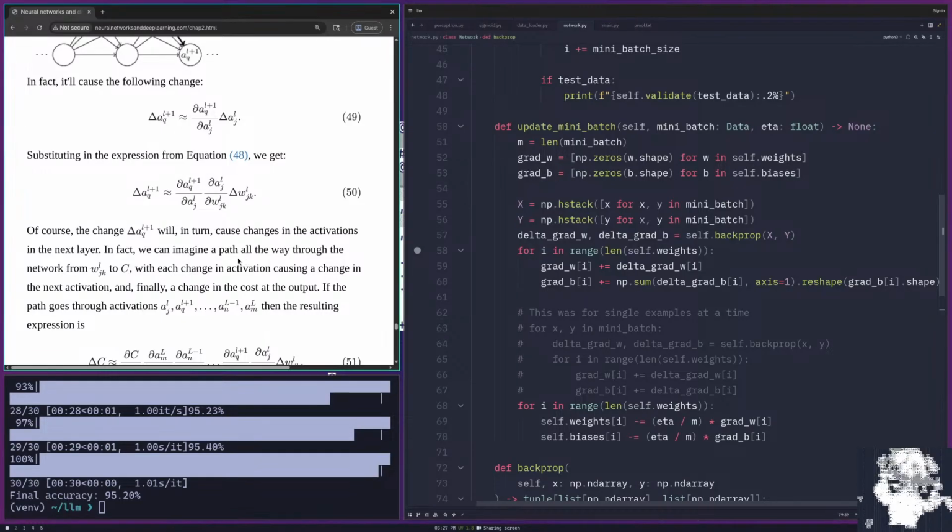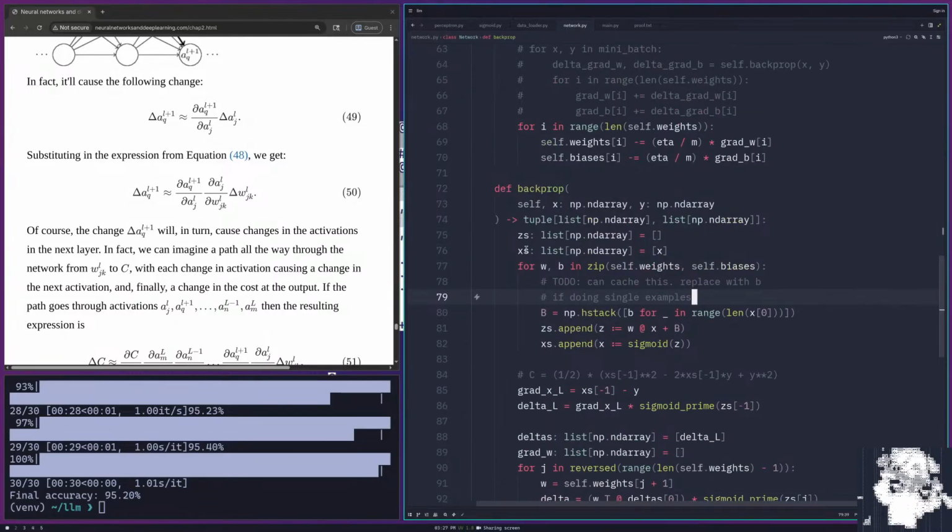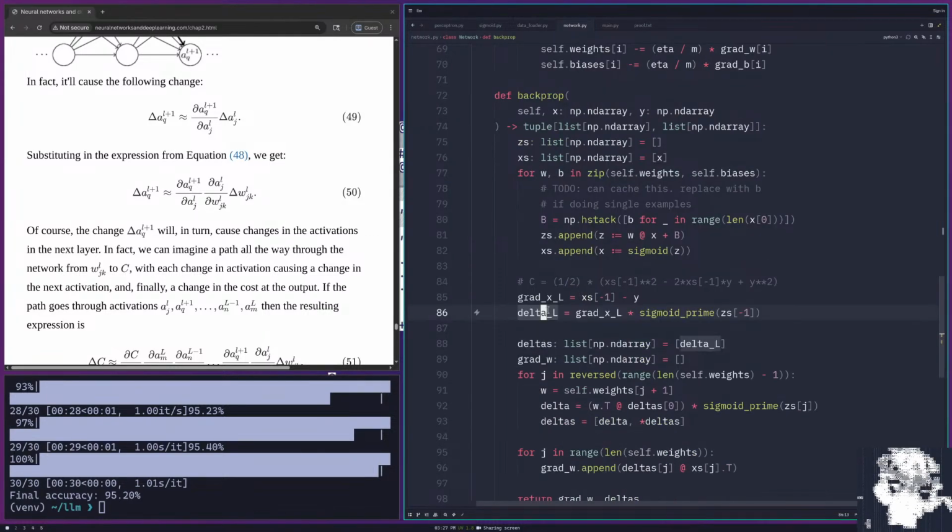That's the other non-obvious thing, I guess, is that keeping track of activations makes sense. Computing delta makes sense, but it's not obvious how I would have thought of this unless I did it the long way and then found that there's this value delta that if I had, I could just do matrix multiplication.